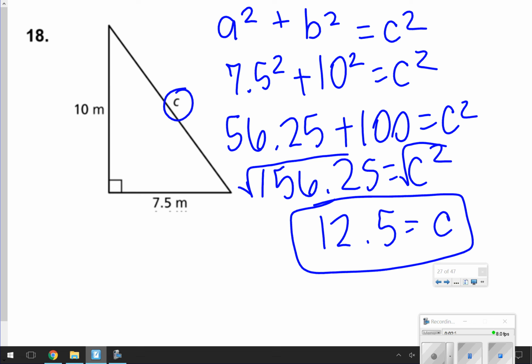An easier way to maybe figure that out, we know that 156.25 is close to 144, and the square root of 144 is 12. So know that my answer is going to be somewhere around 12. So you can start maybe by 12.4. 12.5 actually is going to give you that exact amount though.